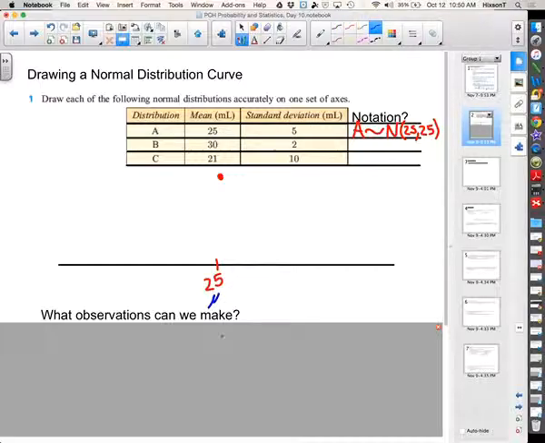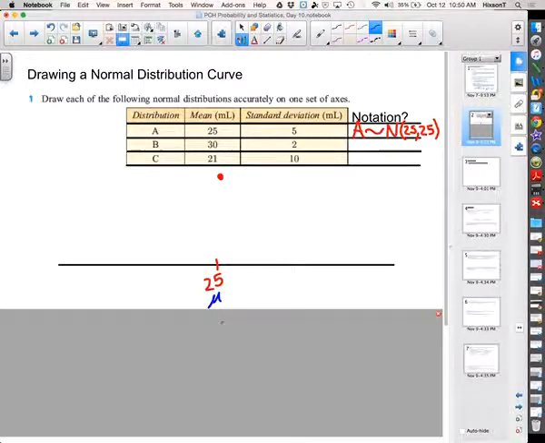Alright, that's the mean. Then, when we sketch these, we are going to look at up to 3 standard deviations away from the mean. Now let's look at what we mean by that.